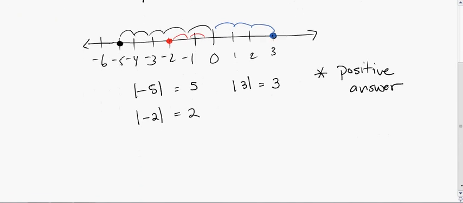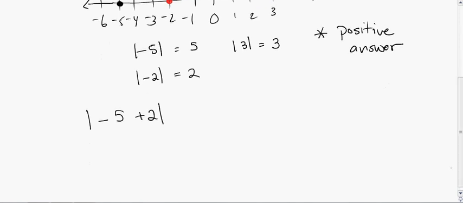Let's look at some more complicated ones. So how about if your problem is not just one number inside, but a couple? The absolute value of -5 plus 2. What's the absolute value of that? All right, this we need to be careful with. So a common error is to say, oh, I know about absolute value, it makes everything positive.